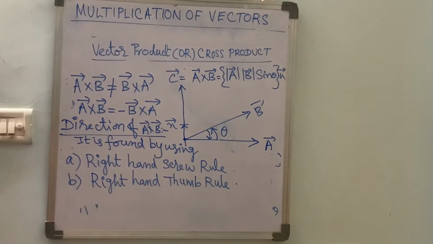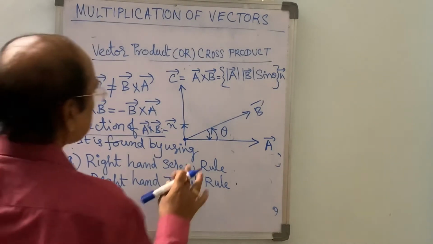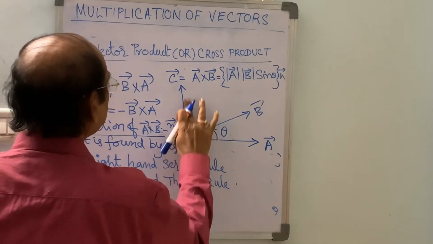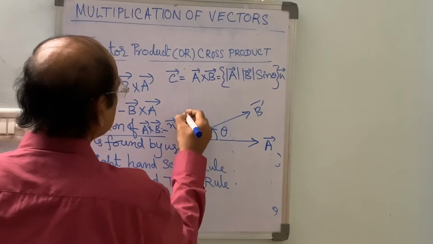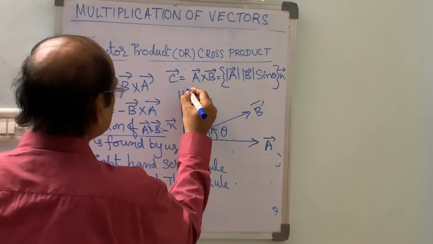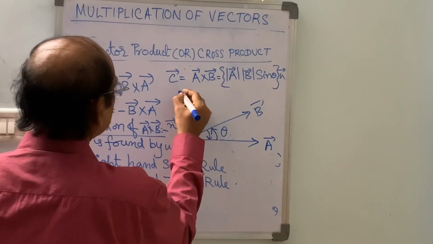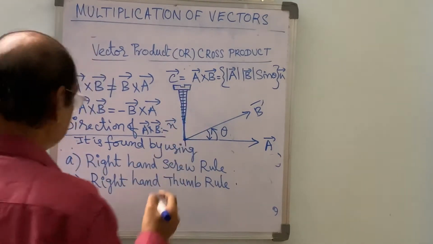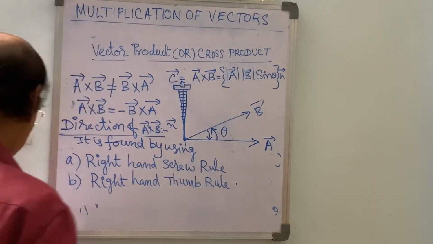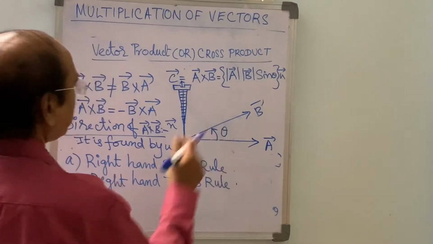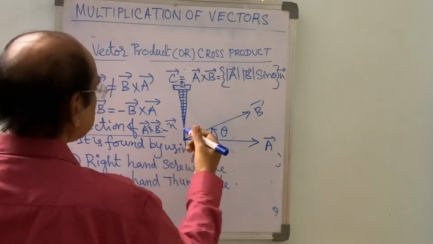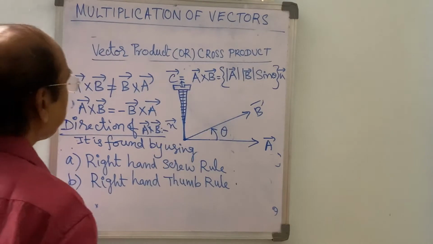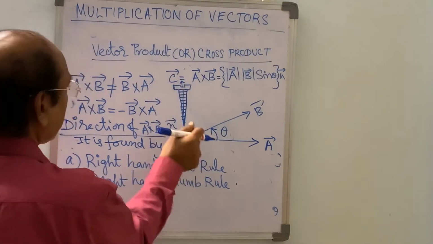Here, when we consider two vectors a bar and b bar, then if we take a nail at the common tail of the vectors, and rotate the screw in the direction from a to b, then it moves up, it moves to the right hand side.